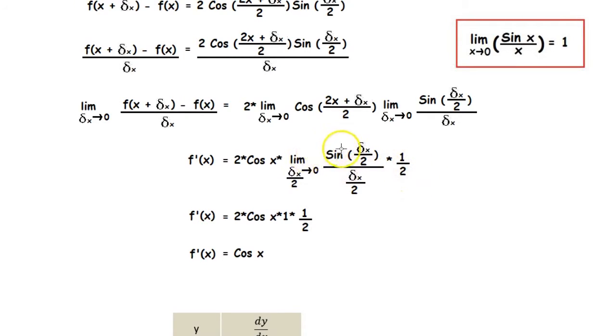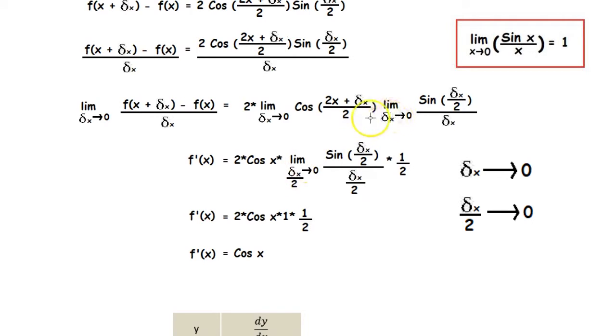So we have limit of sin of delta x over 2 divided by delta x over 2. Now this part is done according to our formula. We can change delta x to delta x over 2 because as delta x tends to 0, delta x over 2 will also tend to 0.